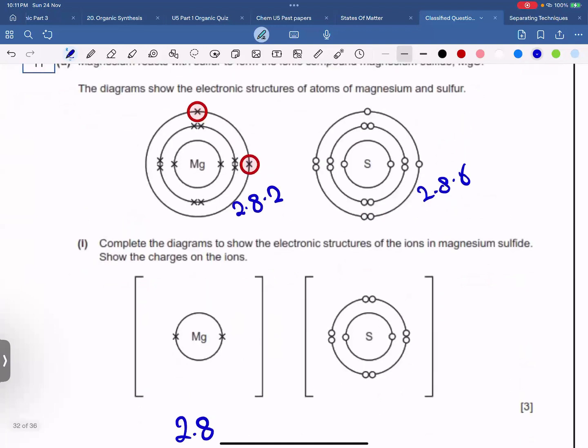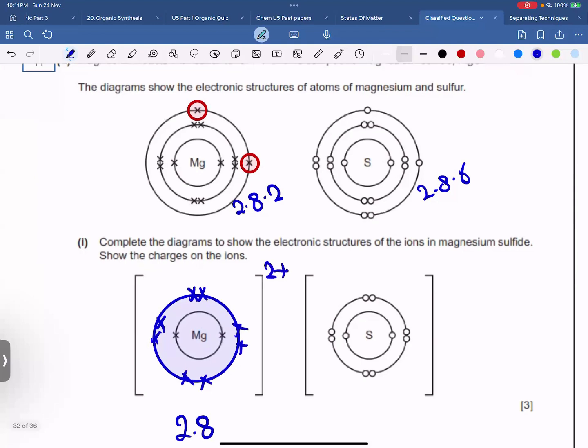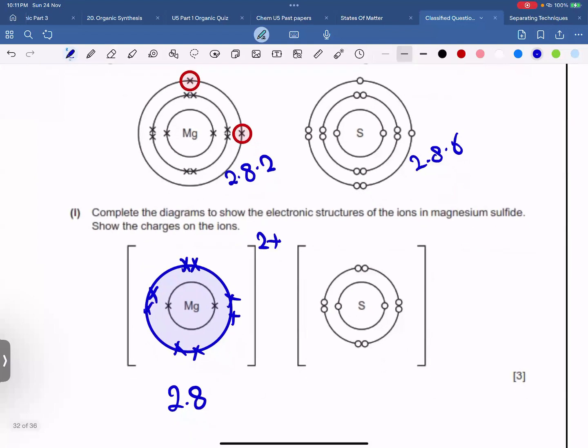Remember, if the outer shell holds 1 or 2 or 3 electrons, the atom loses all the electrons in the outer shell to have a full shell. So now magnesium is 2, 8 only. So draw one more shell and draw 8 electrons. And then add positive 2, meaning lost 2 electrons. For sulfur, it is in group 6.